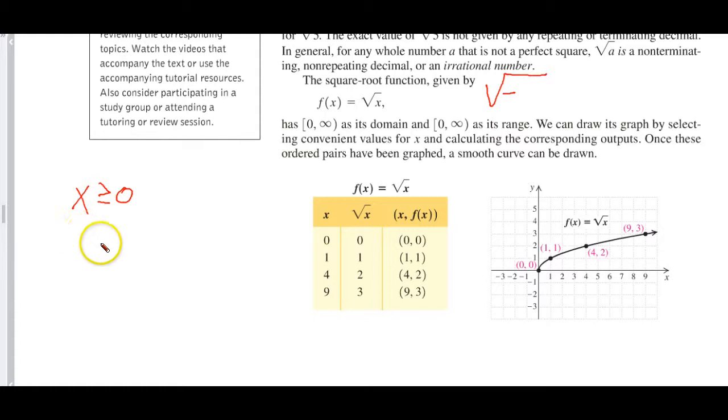Well, there's the domain. In set builder notation, you would just write x is greater than or equal to 0.